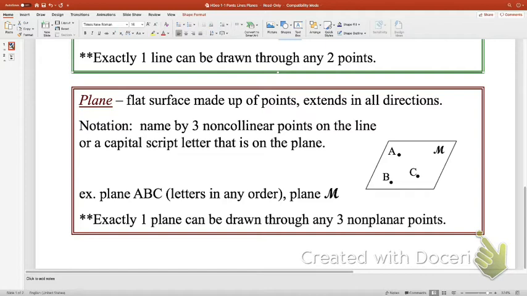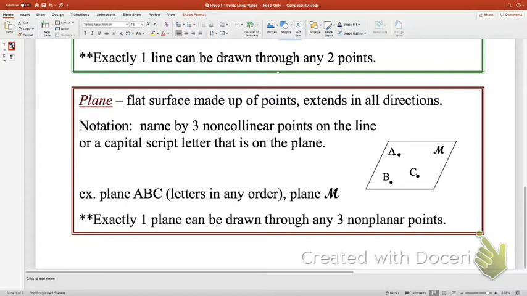It is a flat surface. Now, it is not entire. A plane technically goes infinitely in both directions, up and down and side to side. So that is a smaller plane. It's been chopped up a little bit. But think of a plane as like a wall or a floor or a ceiling, some kind of big flat area. That's a plane.